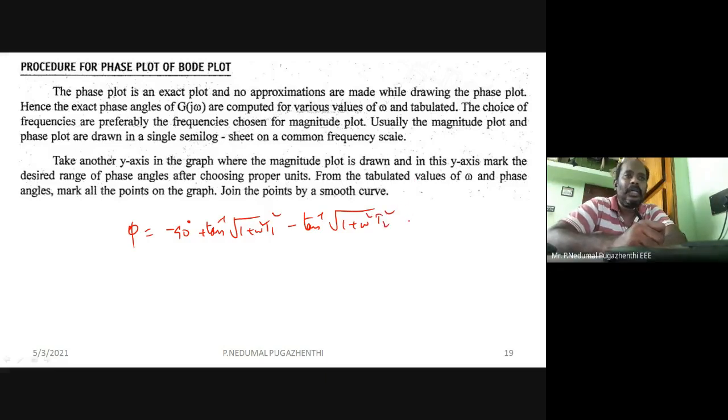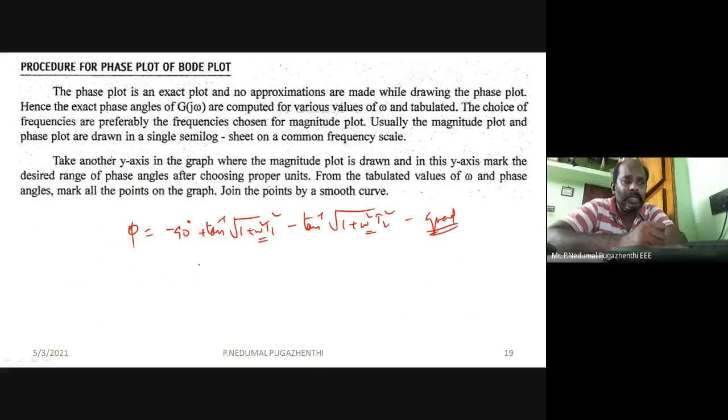Then you have the complete angle including your quadratic term. This quadratic term will be the tan inverse of imaginary by real from the quadratic term. So this is going to be the equation, and you can see that this complete equation is in terms of omega.